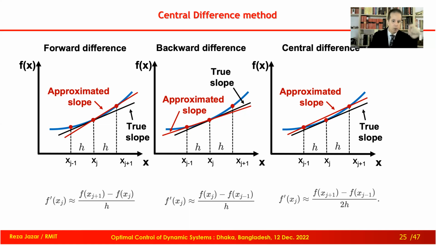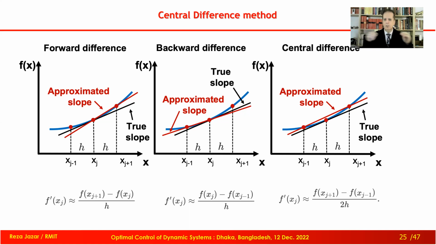We are able to have the value of the curve, meaning the blue, at another forward point, which is x_{j+1}. Let's assume we have the value at x_{j+1} and the value of the function at x_j, which, as you can see in the numerator of this fraction, is f(x_{j+1}) minus f(x_j), divided by the difference between x_{j+1} and x_j.